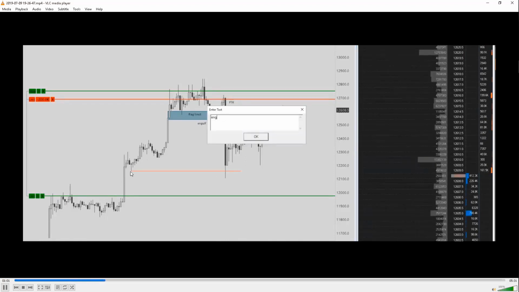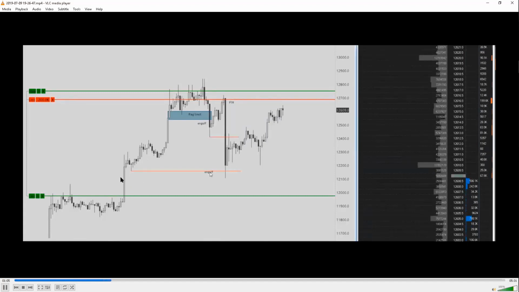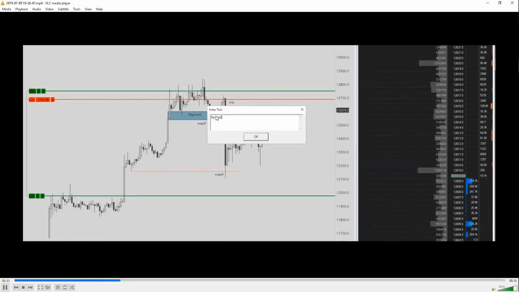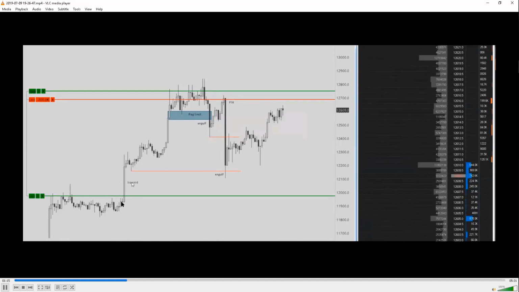So my thinking was you've got a clear target there. Okay. So my idea was to take a trade at the FTR and trade it down to the next area of volume. Got a liquidity void in there.